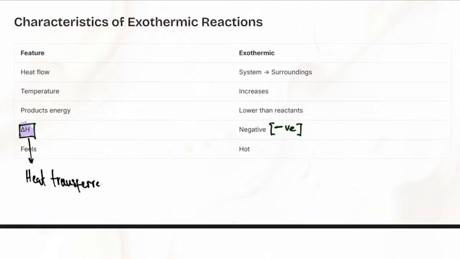If you get the heat transferred being negative, it means it was taken out. That's an exothermic reaction. It is busy losing energy to the surroundings. So at the end of the day, the products will have less energy than the reactants because it lost energy to the surroundings.